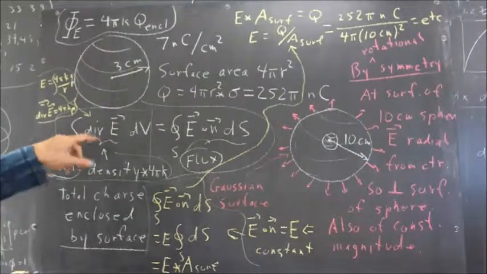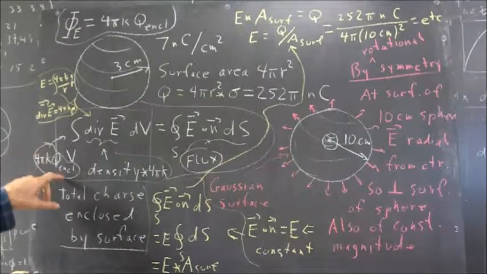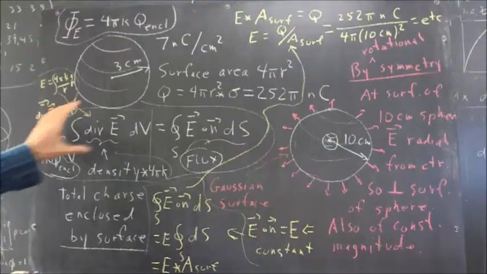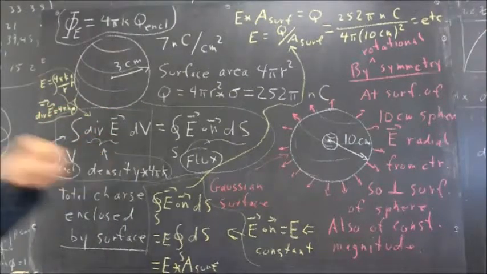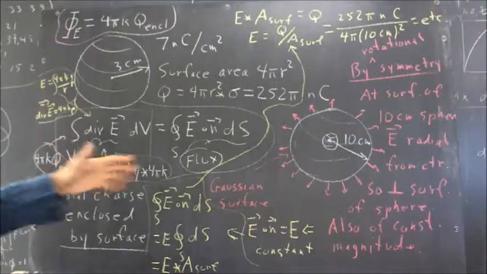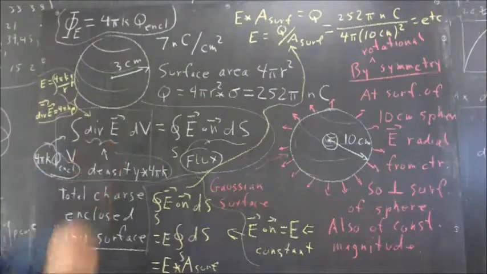So what we get when we integrate this divergence is 4 pi k times the total charge enclosed in the volume. Now, that's what we get when we integrate the divergence. We're just integrating 4 pi k times the density, so we get 4 pi k times the total charge, integrating the density with respect to volume.